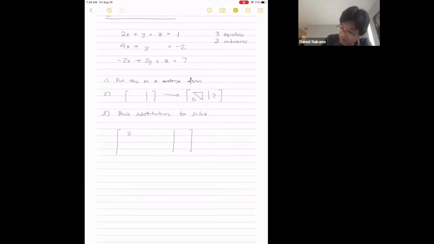So I'm just going to put the first line up here: 2, 1, 1, 1. Okay, and I'm going to put a line, and the book doesn't do this, but I think you should, to actually put a line where the equal signs are, because it does matter where the variables are and where the actual part outside the equal signs is.